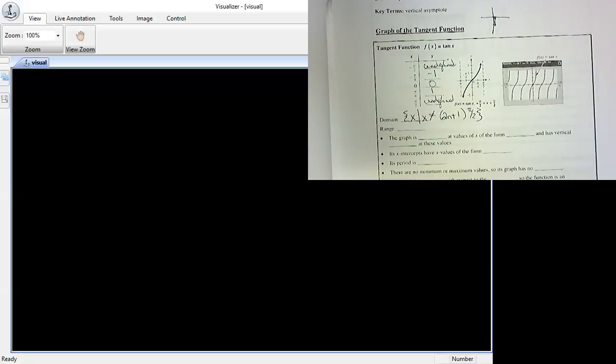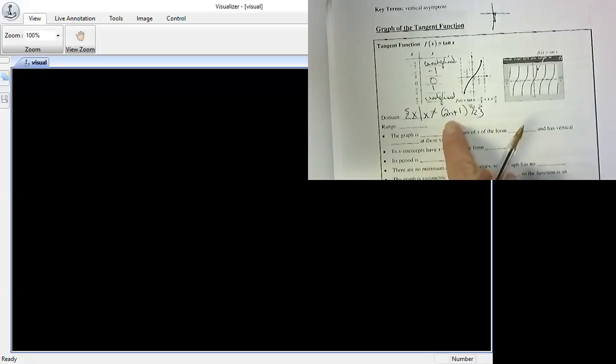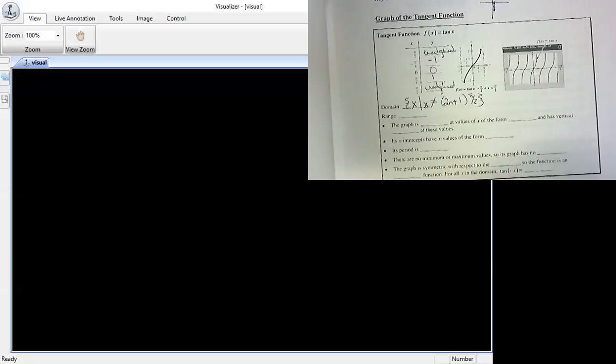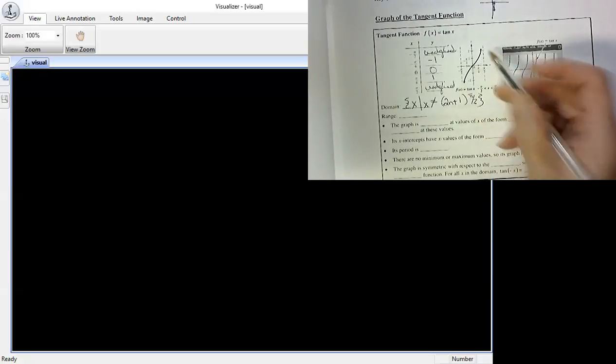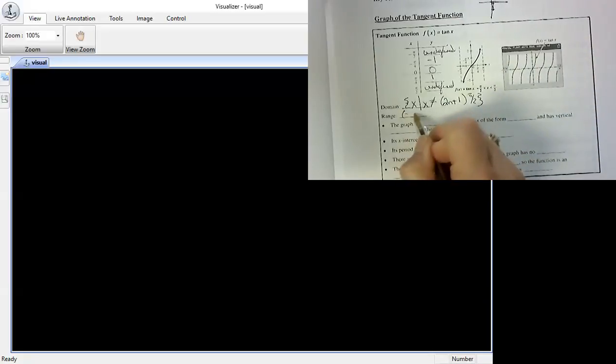Okay? So I would pick some number for n, like 0. 2 times 0 is 0. 0 plus 1 is 1. 1 times pi over 2 means I don't get a tangent value at pi over 2. Anytime I put something in for n, it'll show me where all those asymptotes are. But now my range is from what to what? Negative infinity to positive infinity.